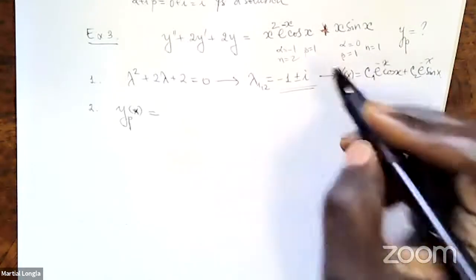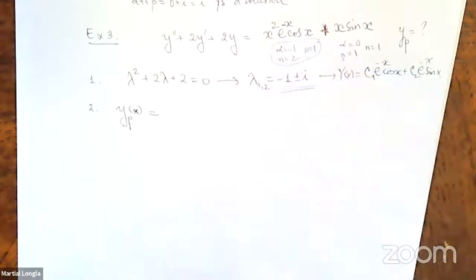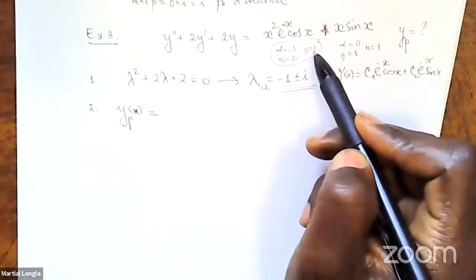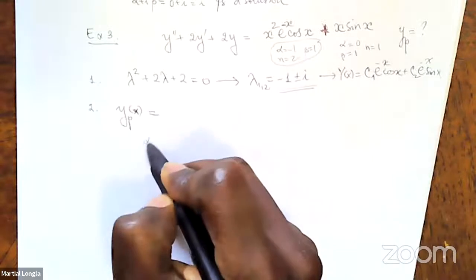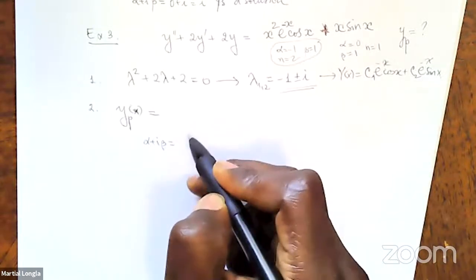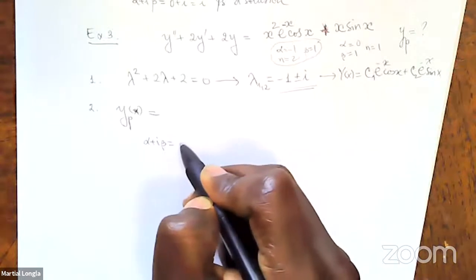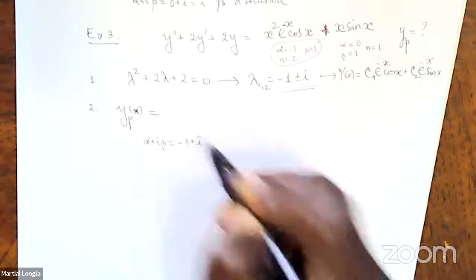That's it. So you're going to write down the first yp for this one. You check alpha plus i beta. That is going to be -1 plus i.